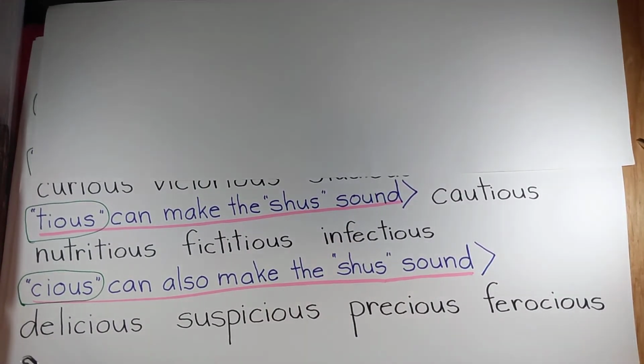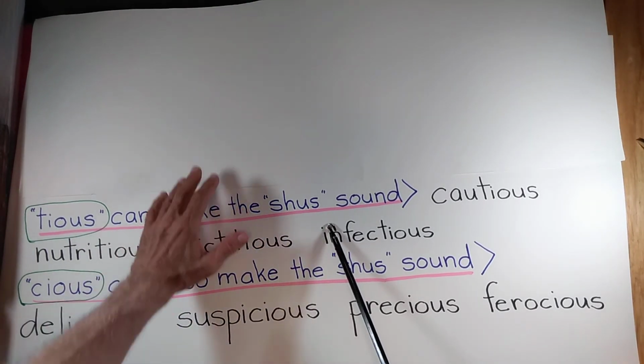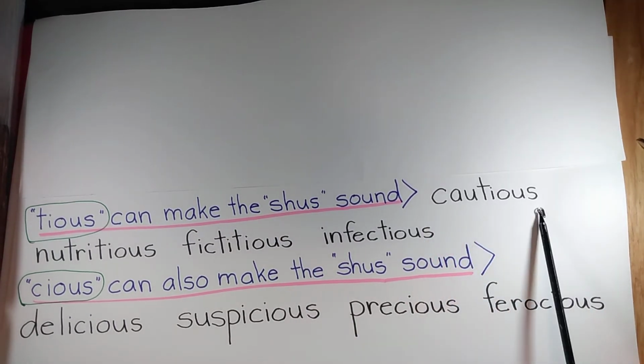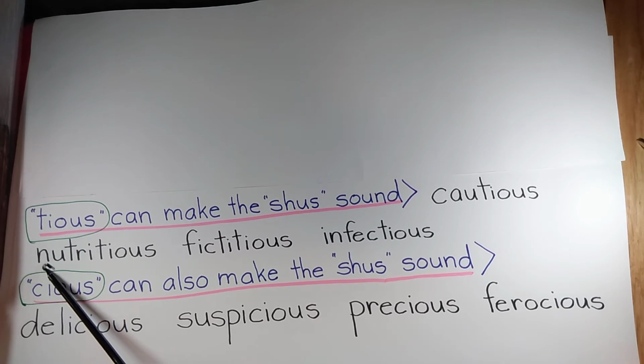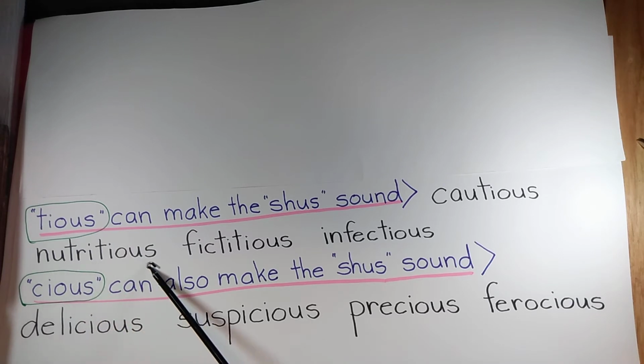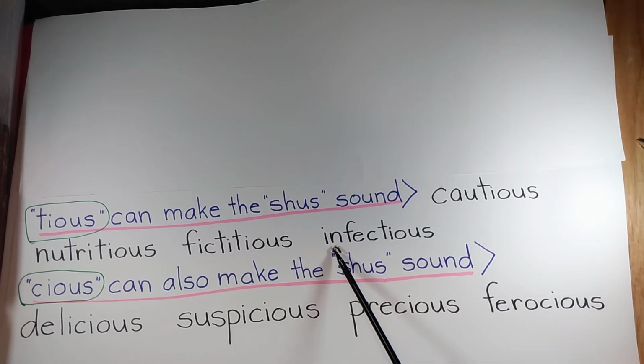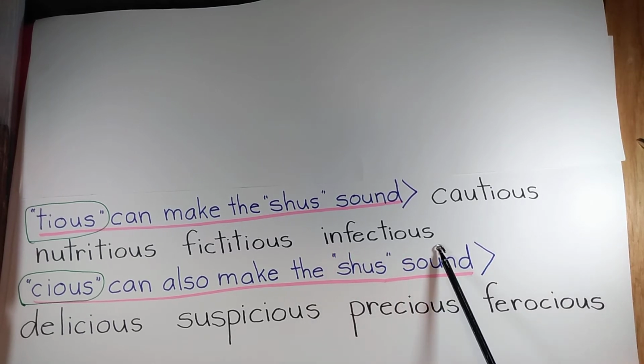Now we're going to read words that end in TIOUS and make the shus sound, as in cautious. I gave you the first one, students. Cautious. Next. Nutritious. Fictitious. Infectious.